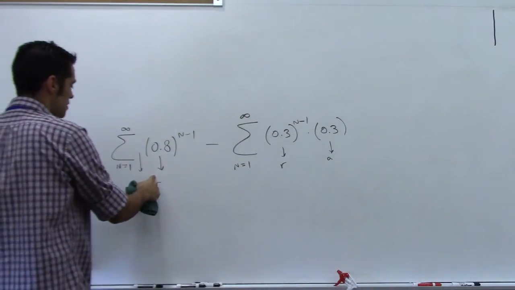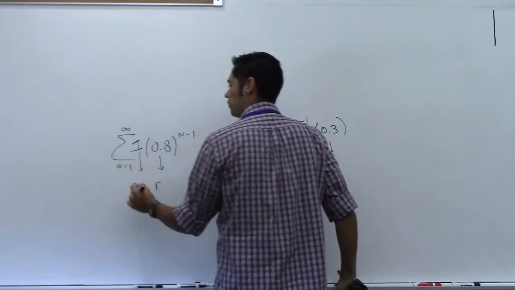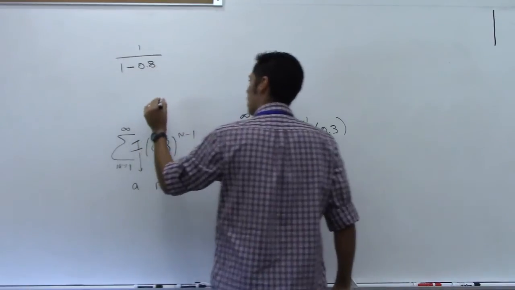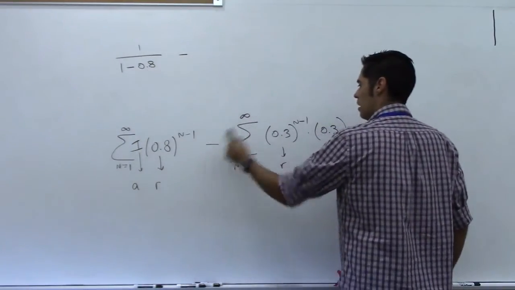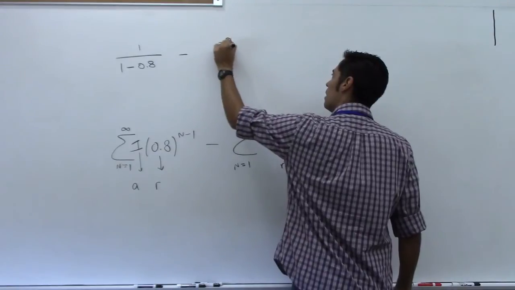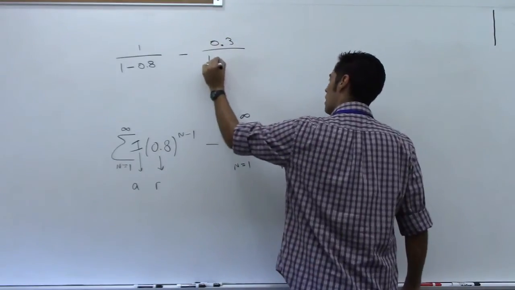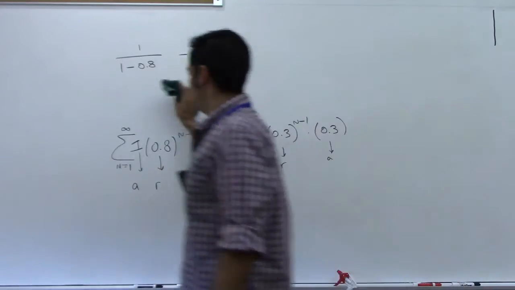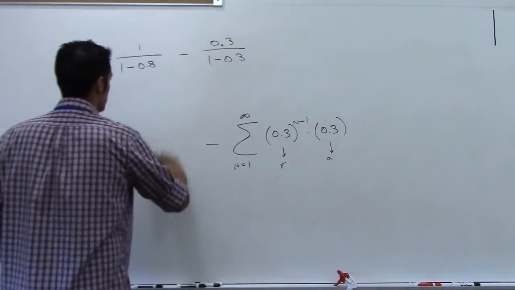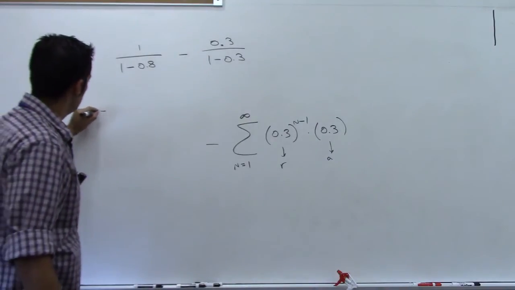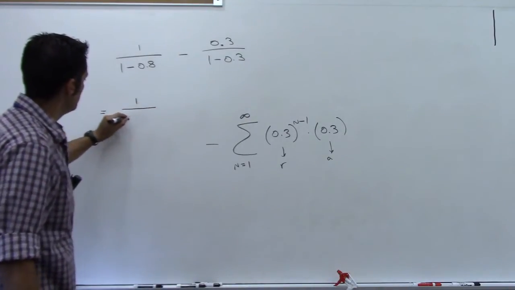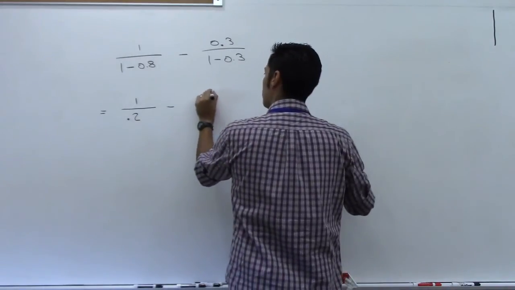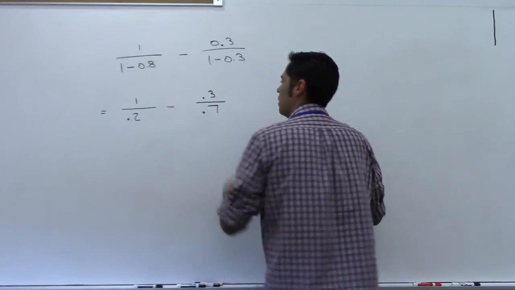And so the sum of this one, remember the a is a 1 right here, is 1 over 1 minus 0.8. And then minus, this one is a, which is 0.3 over 1 minus 0.3. So let's try and figure out what this is. This is equal to 1 over 0.2 minus 0.3 over 0.7.